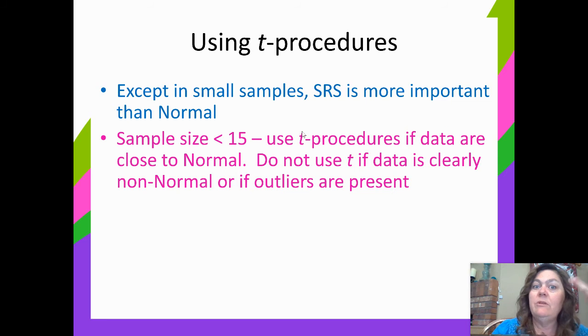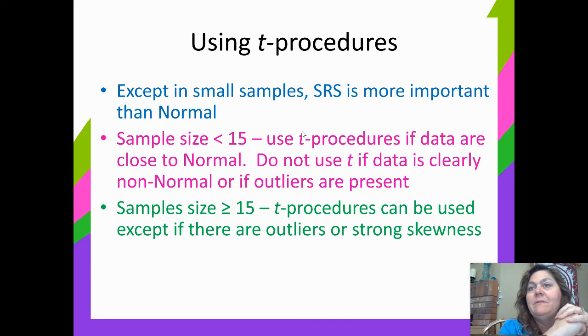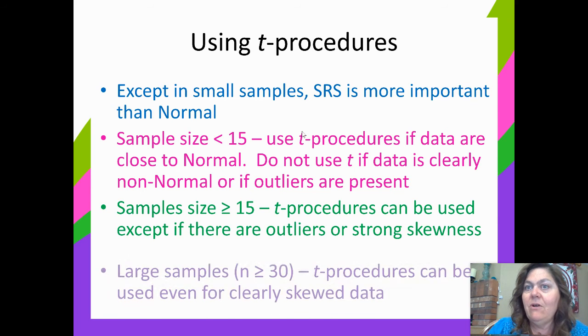Even if it looks normal and there's a big outlier, no, okay? But what happens when it's between 15 and 30? The T procedures can be used except if there's outliers or strong skewness. So it doesn't have to be as normal looking. It can have some skewness, but it cannot have strong skewness. Okay, well, that's just a judgment call from the look of it.